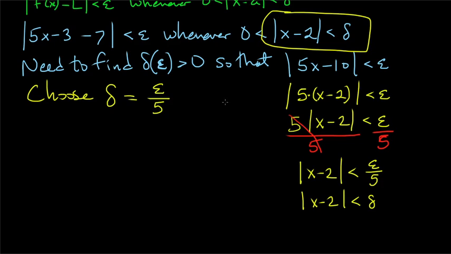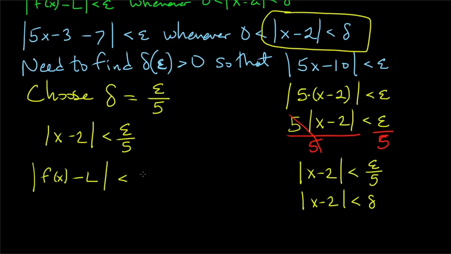If delta is epsilon over 5, that means that x minus 2 in absolute value has to be less than epsilon over 5. Okay, so if that's the case, is it true that f of x minus L is less than epsilon?